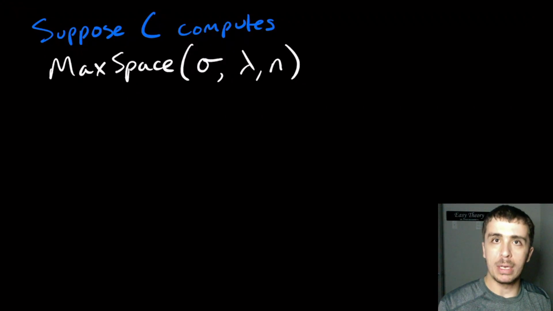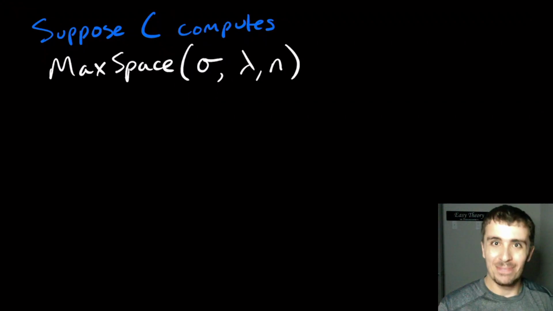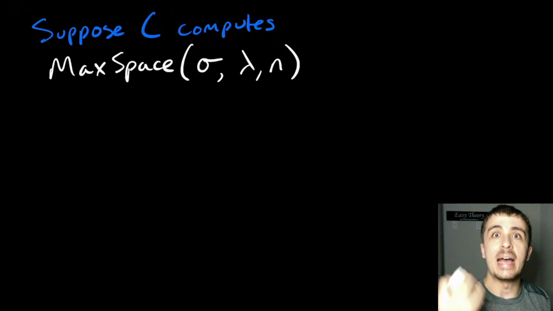And we're going to appeal to the recursion theorem, which will allow us to show that this is not actually computable by making a Turing machine that has an inherent contradiction. So we're going to assume that this is computable and then derive a Turing machine that has an inherent contradiction within it.